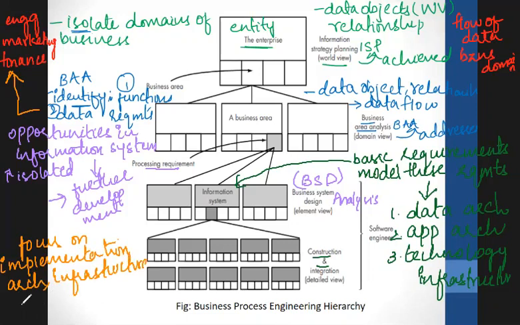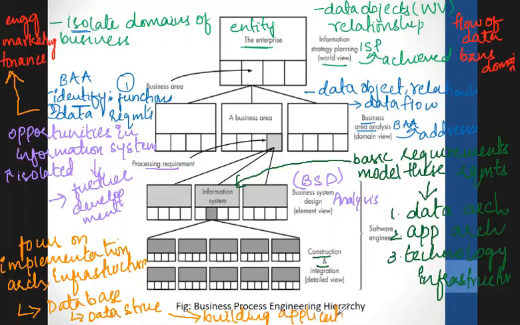Now this all is done by making an appropriate database. Now this database is going to have all the different data structures. These data structures will be used for building an application, that is a software that is being designed, using software components.